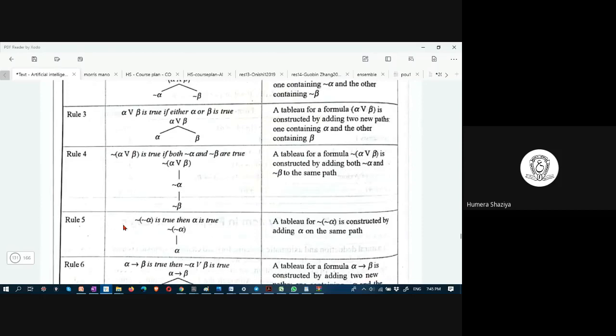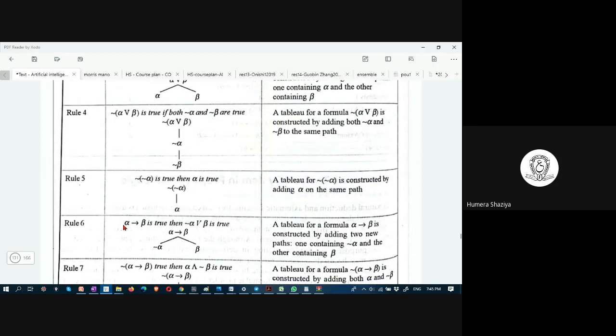Rule number 3 says alpha or beta is true if either alpha or beta is true. If alpha is true, alpha or beta is true. Otherwise, if alpha is false and beta is true, even that situation leads us to a true statement for alpha or beta. That's why here we have two different paths.